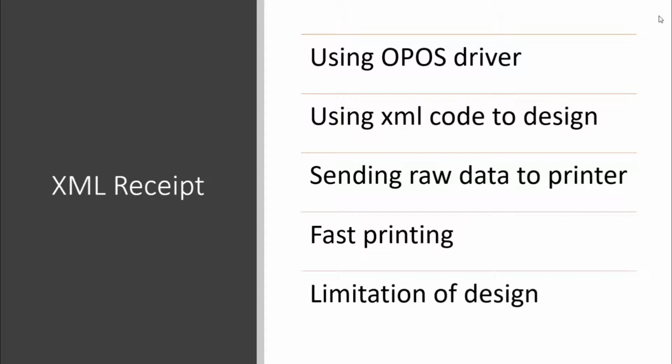It prints very fast because it sends raw data. There's no color and no design, so there is also a limitation in the design. You don't have many options in the XML designer, just a few, like making text bold or making it a bigger size.